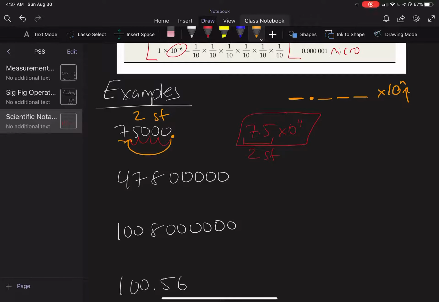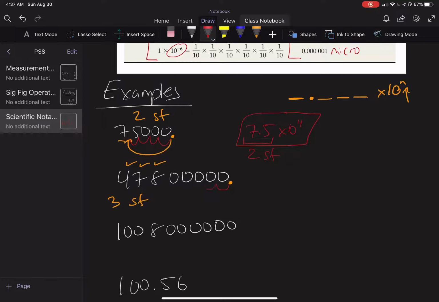So this one, 478000000, is a very, very large number. There is a decimal right here that wasn't put in. In terms of sig figs, the 4, the 7, and the 8 are significant. All the other zeros were considered placeholder zeros. So this has only 3 sig figs. We're going to want to move the decimal to the left.